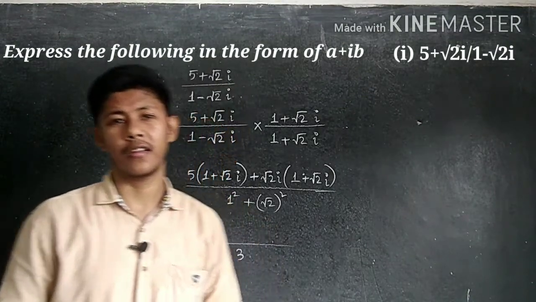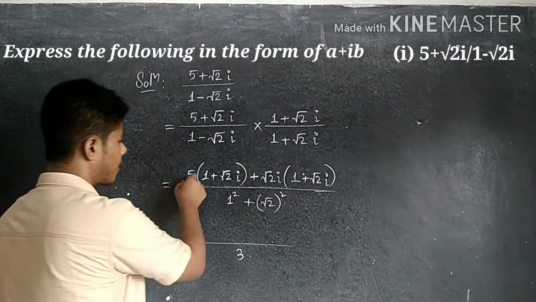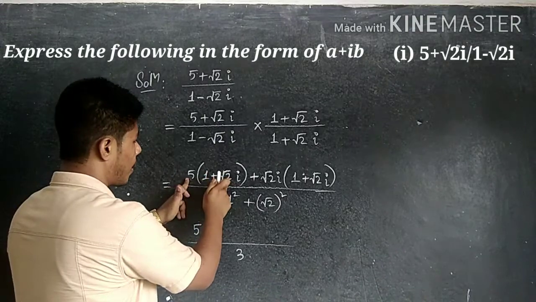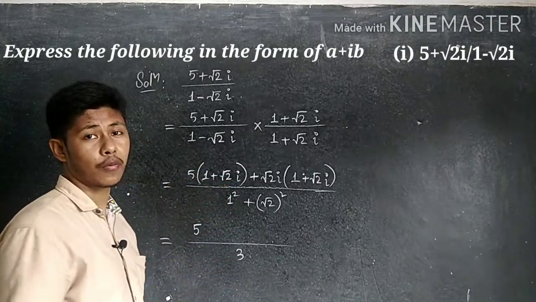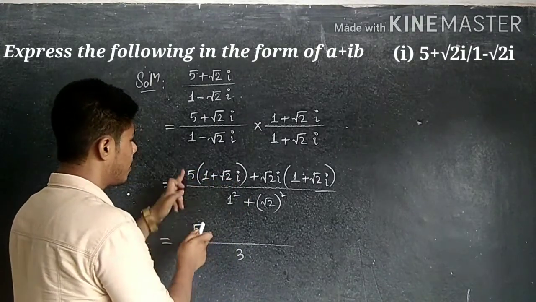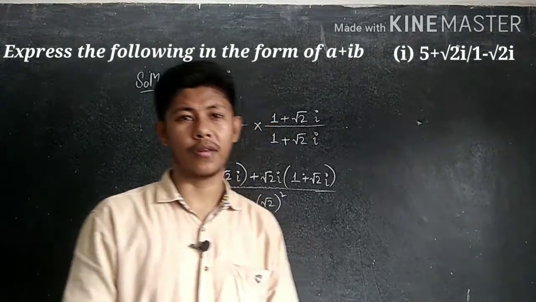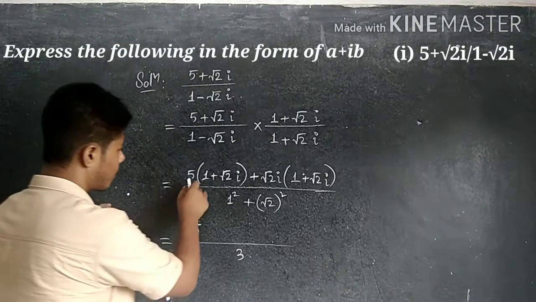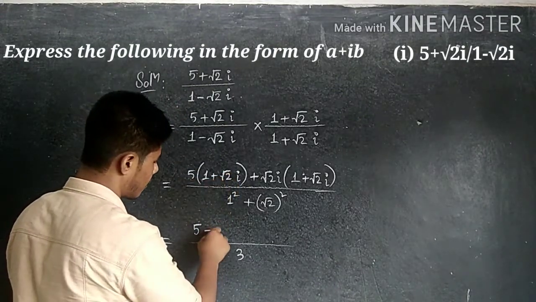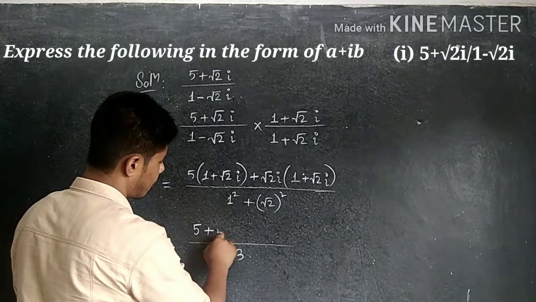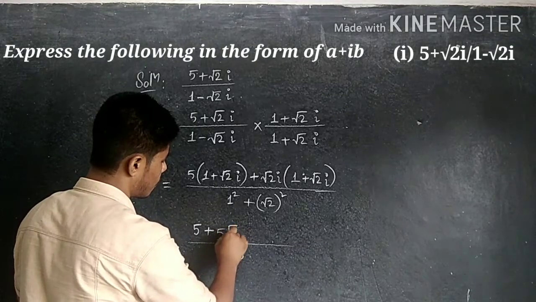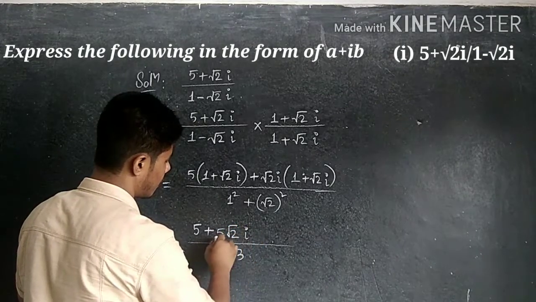Rational and irrational cannot be multiplied together. So we cannot multiply 5 with 2. Simply, the root over does not multiply inside, remember this. So here we have to write 5 into root 2i. So we have to write plus 5 into root 2i.